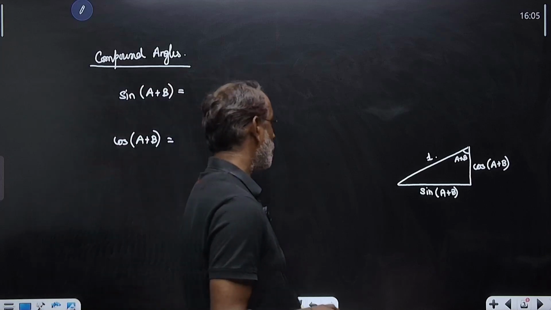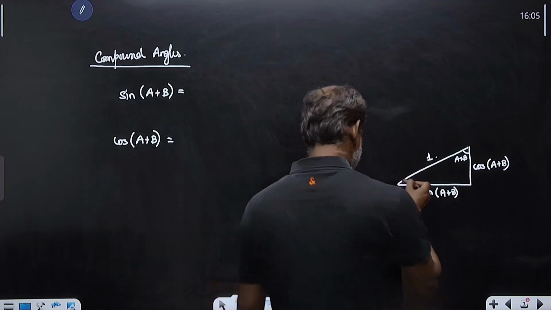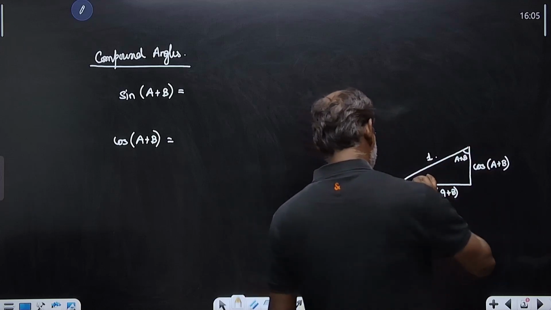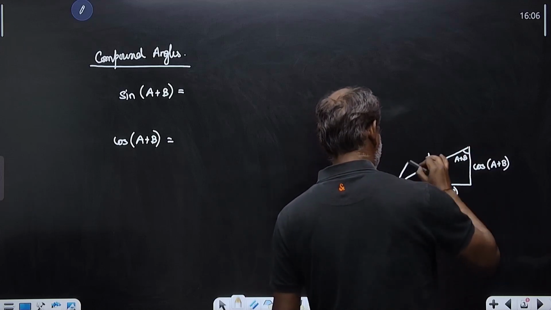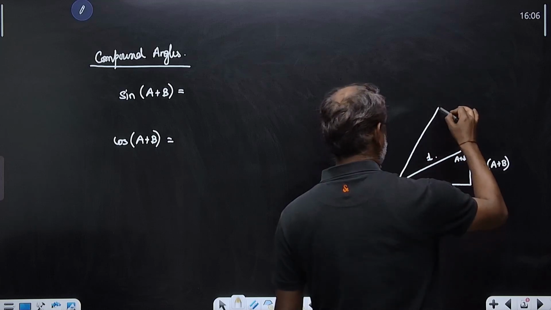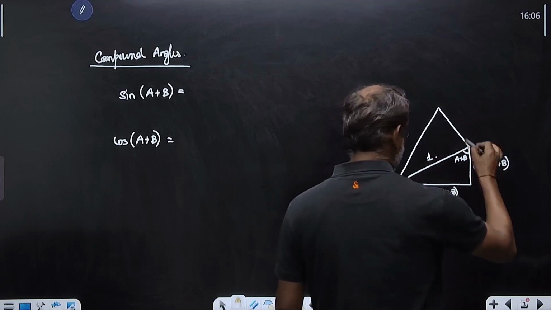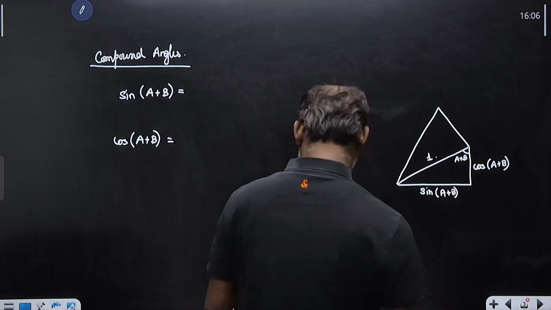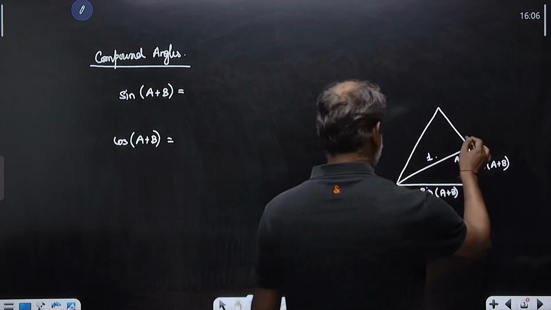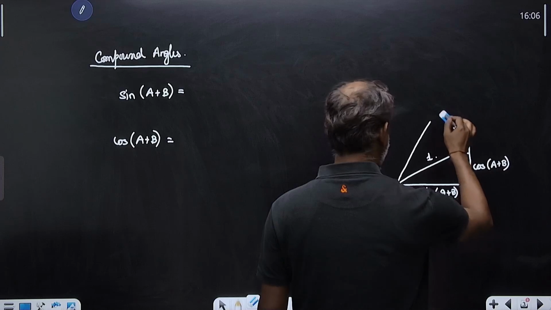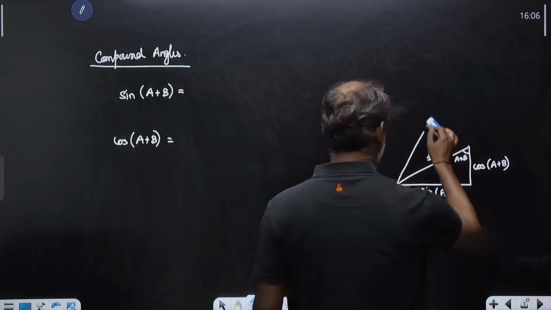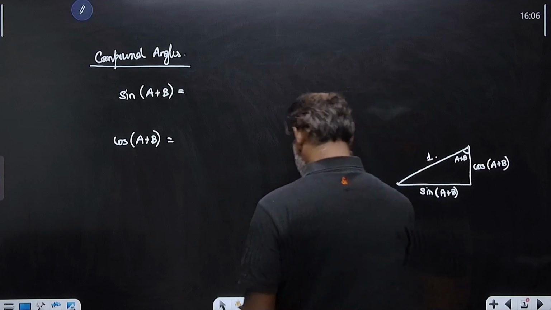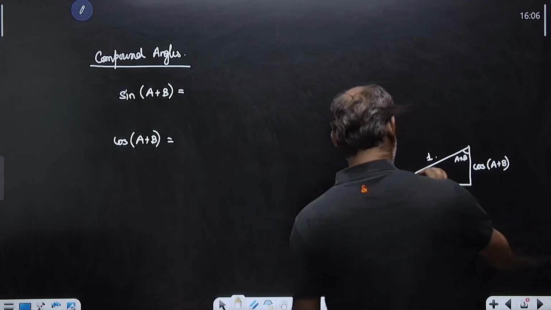Now, what I am doing is, from here, draw a line which is making an angle A. Perpendicular lines.